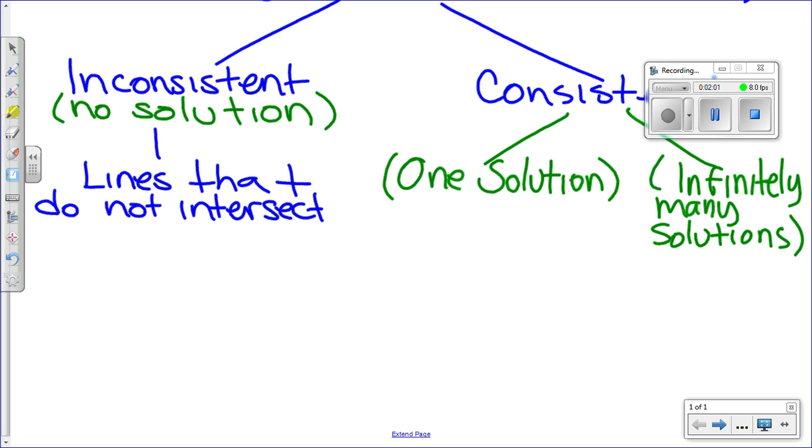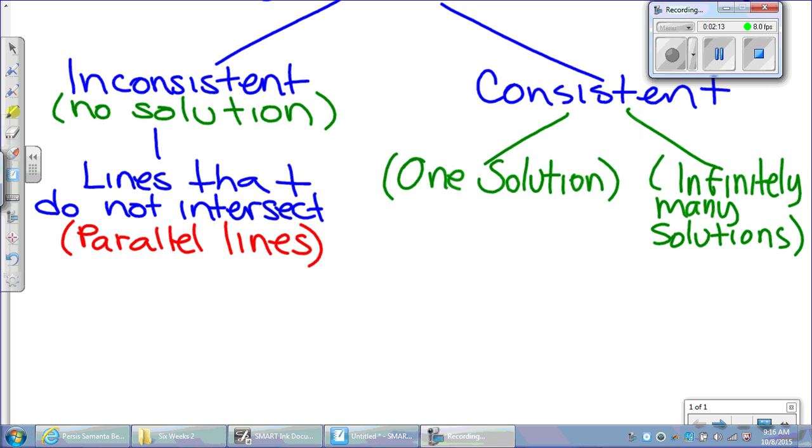And so those lines are going to be parallel lines. So remember, inconsistent systems have no solution, and the reason for that is that graphically they are parallel lines, therefore they will not intersect. Now we have consistent systems, they have one solution or infinitely many solutions.